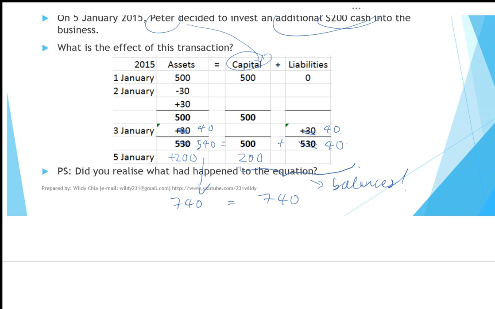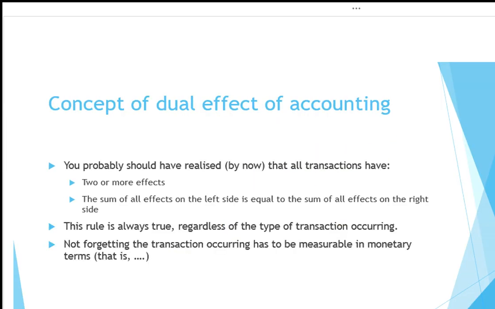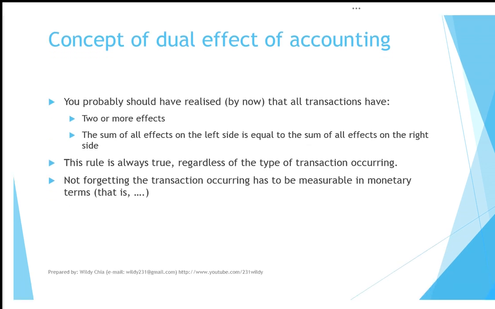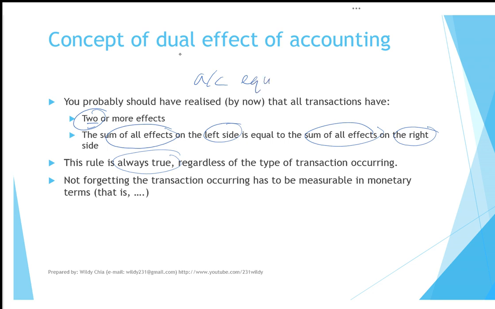right? So this proves to you and myself, maybe, that all transactions basically have two or more effects. At least the examples that I've shown you have at least two effects. Some transactions may have up to 3 effects. The sum of all effects on the left hand side is always equal to the sum of all effects on the right hand side. So this rule is always true, which is where the accounting equation, therefore, and I like to put this clearly, read the word always equal, or you can say that it always balances.